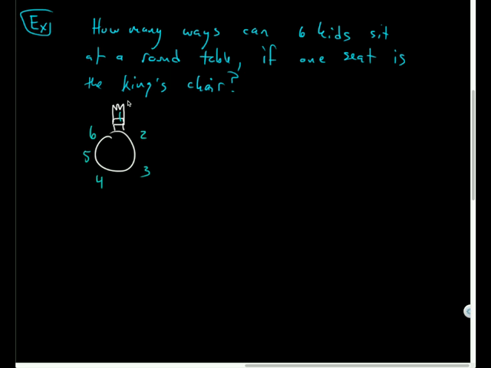However, because there's this one unique spot, it's no longer a circular permutation, right? I actually could think of this as a linear representation of 1, 2, 3, 4, 5, 6. The other classic type of problem like this is they'll ask how many ways can you arrange 6 charms on a bracelet if the bracelet has a clasp?